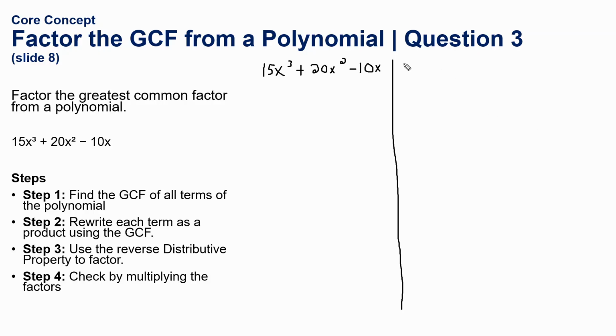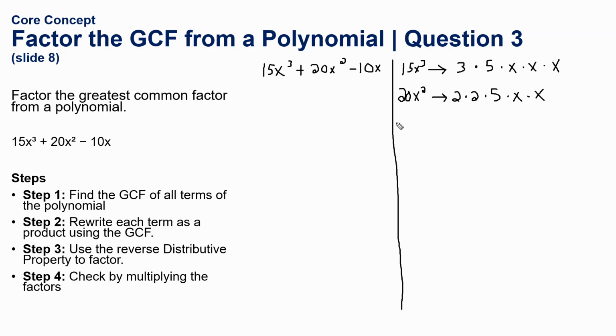So to do that, I'm going to expand this out. So 15 is 3 times 5, that's the coefficient part, times x times x times x. 20x squared then is 2 times 2 is 4 times 5 is 20 times x times x.